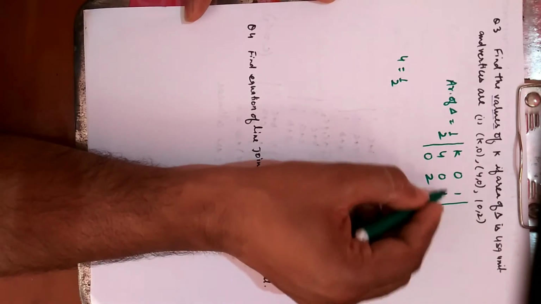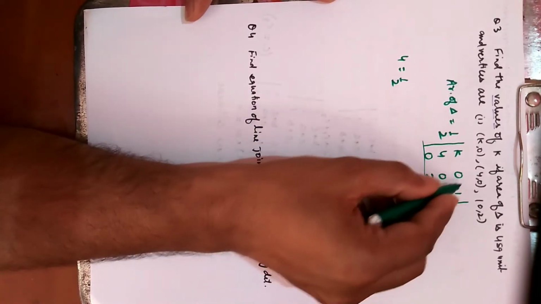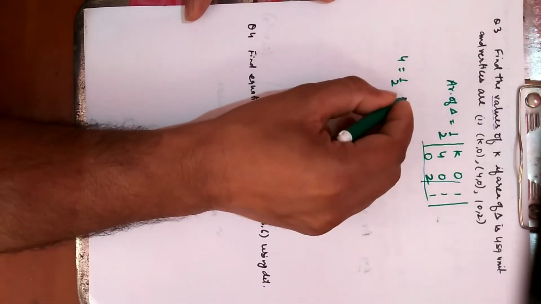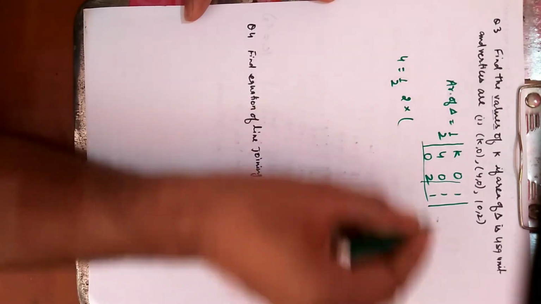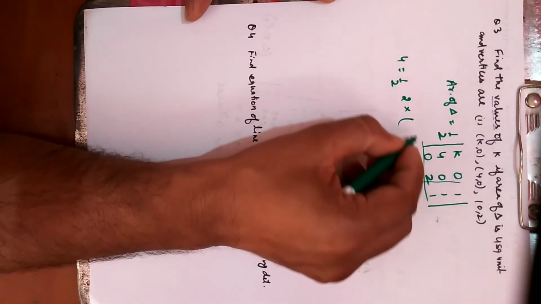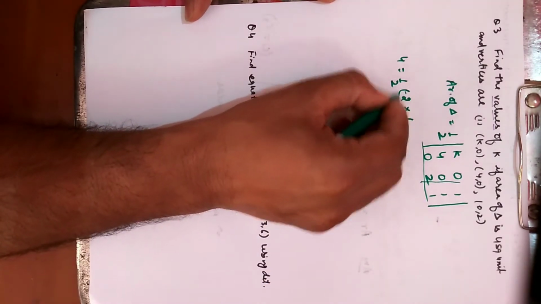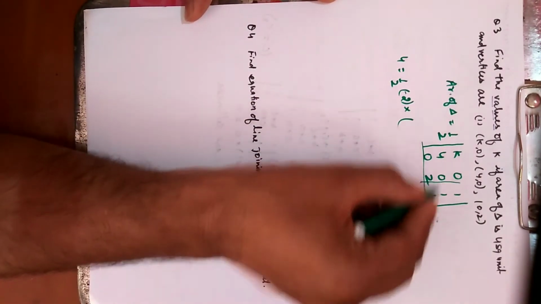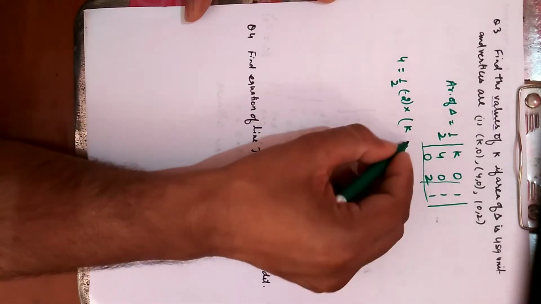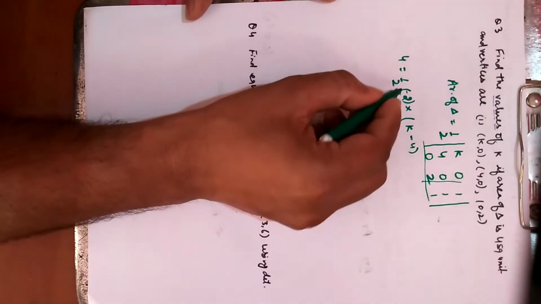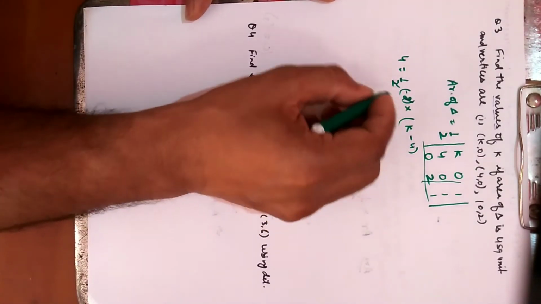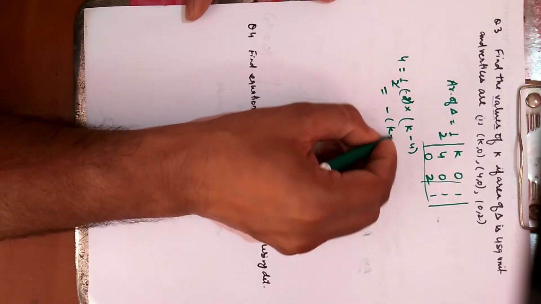So normally now you open this with the help of this 2. So this will be 2 into k. This position is plus, this is minus, so this is minus 2, and this becomes k into 1, k, and minus 4. So you can see this 2 and 2 cancel, so this is minus k minus 4, and this is 4.